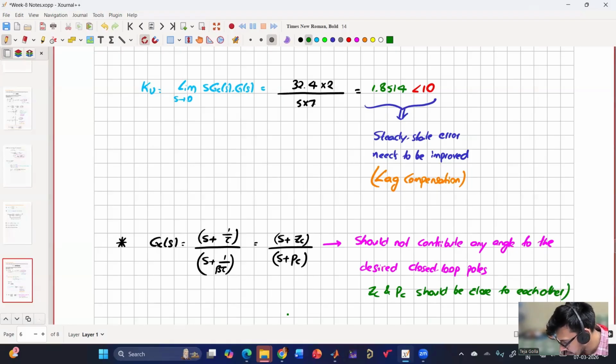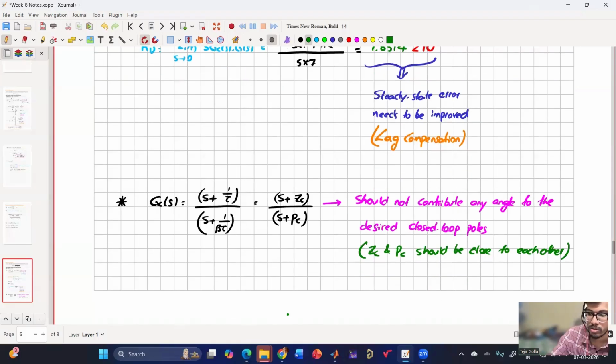So only then we can say that, because the gain itself is doing the duty. Gain itself is sufficient, so we will not need any additional gain. Also we do not need any additional phase because the root locus is already passing through the desired poles. So the additional pole and zero that we are incorporating in the system should not create any phase contribution, so that it will not affect the root locus plot, right? So that's why these should be very close to each other.